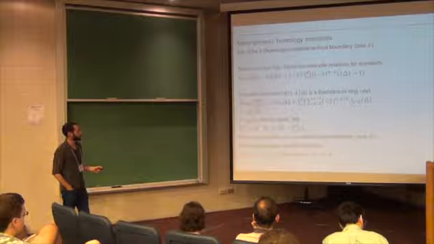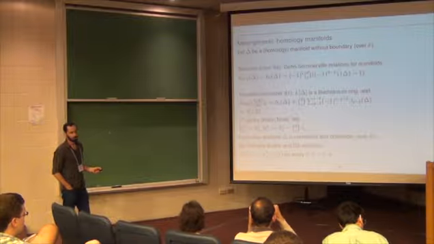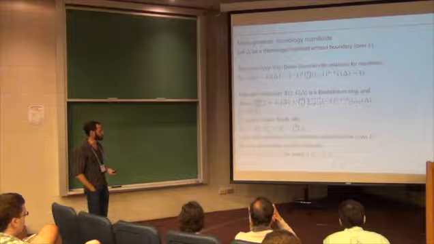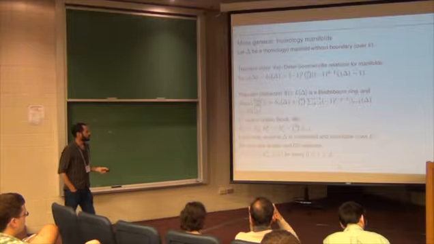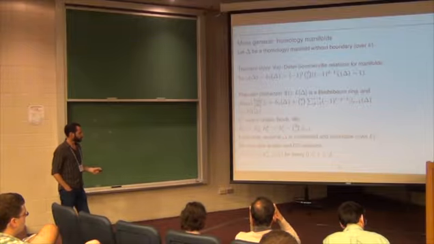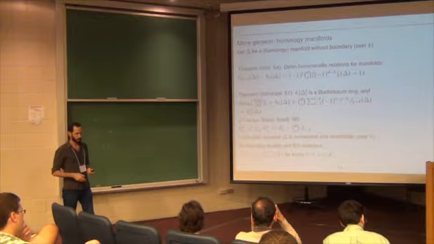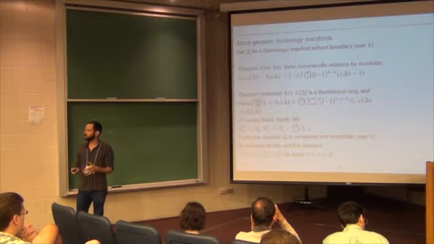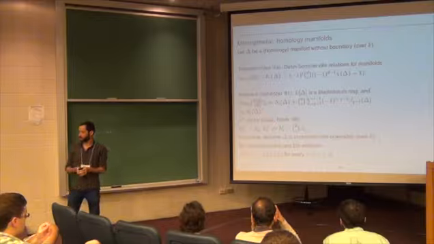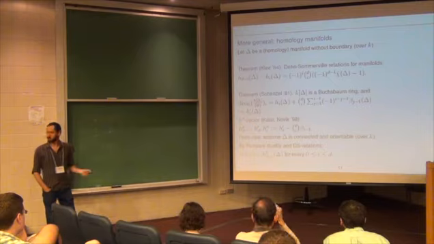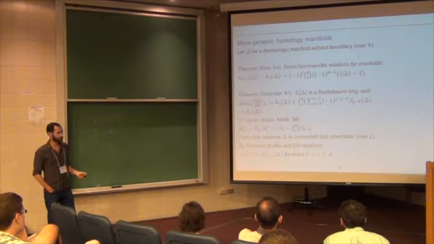So here's the correction: subtract one more expression that depends on Betti numbers. If now Delta is a connected and orientable manifold, then you play around with Poincaré duality and the Dehn-Sommerville relations, and you get that the h double prime polynomial is a palindrome. So you get this symmetry here.